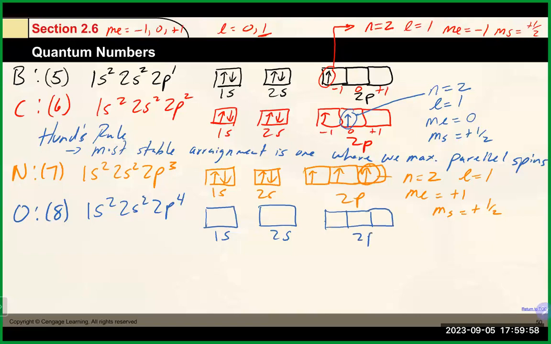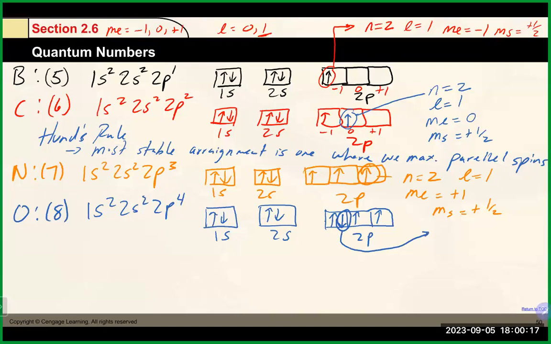All right, so we'll go up, we'll go down, we'll go up, go down, up, and now we're out of room to maximize our parallel spin. So we go back to the first one here, and we go in the downward direction.